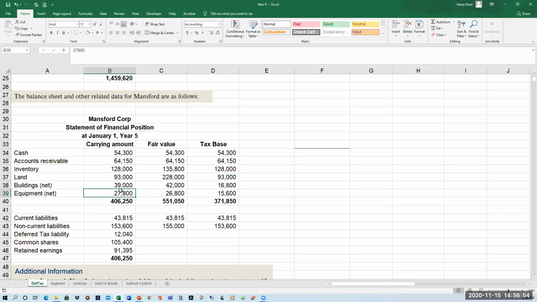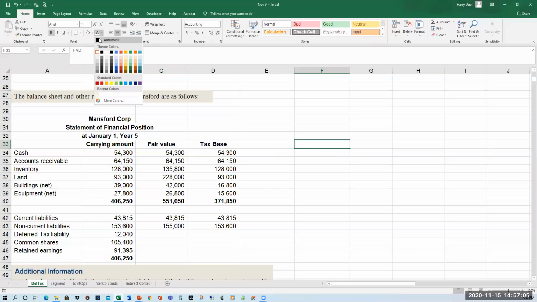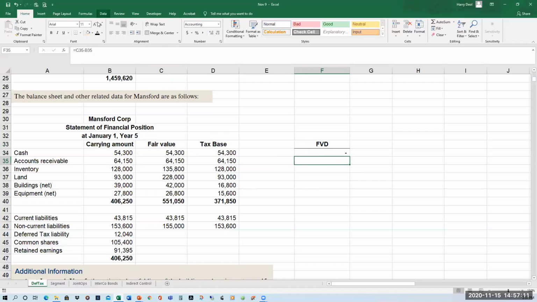The equipment's carrying amount is more than the fair value, and non-current liabilities have a carrying amount that is less than fair value. So we can calculate fair value differences. There's no fair value difference as far as the cash is concerned or accounts receivable. Inventory has a fair value difference that is $7,800 more than the carrying amount.